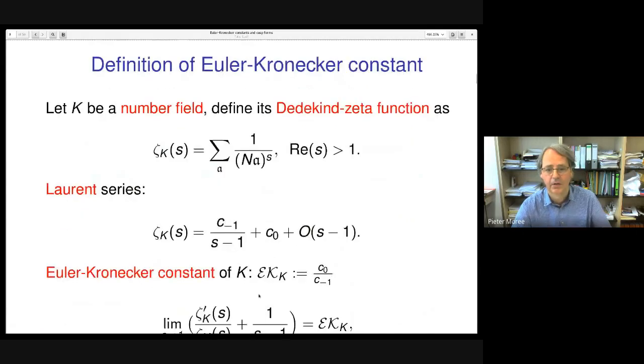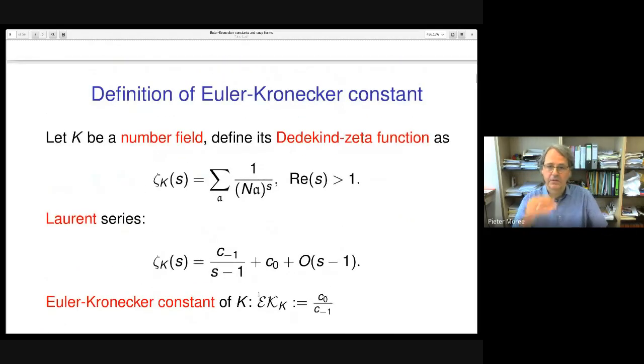Now the Euler-Kronecker constant. The initial definition, I think, was maybe due to Ihara. This is related to the Dedekind zeta function. Given a number field K, we can look at ideals, and we can look at the norm of those ideals, indicated here by the norm.